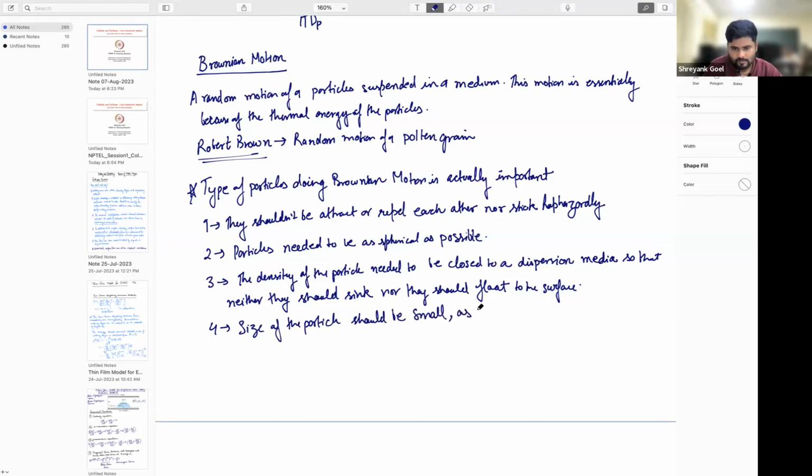The bigger the particle, the more it gets resisted by the surrounding atoms or molecules.